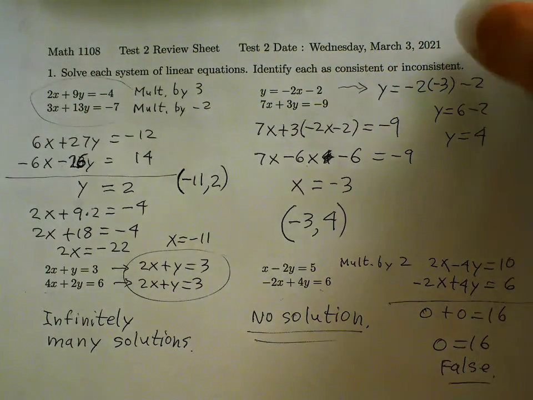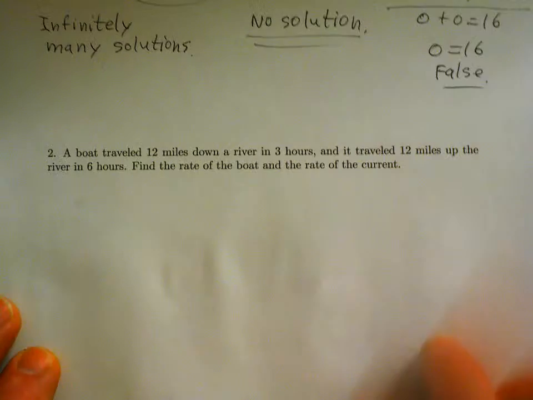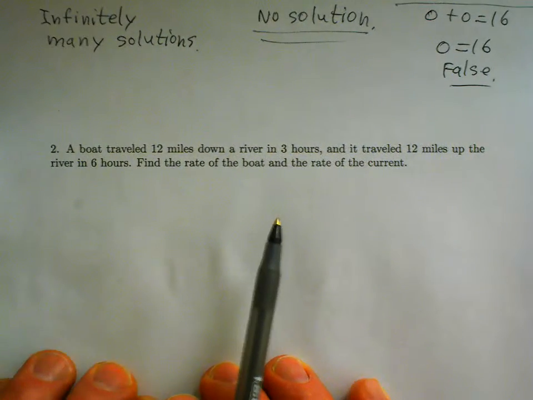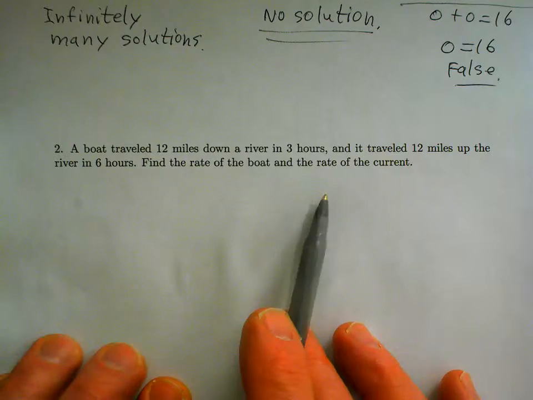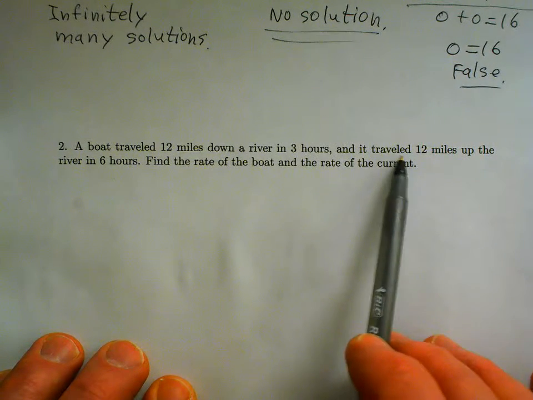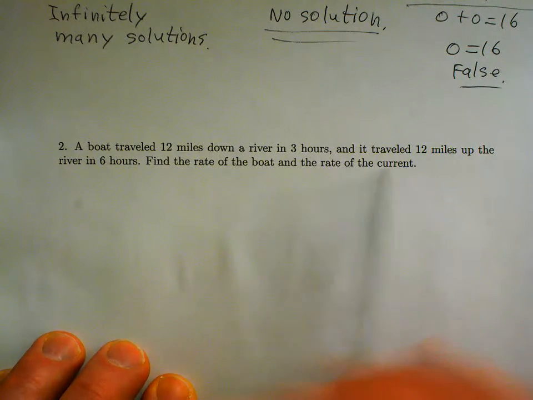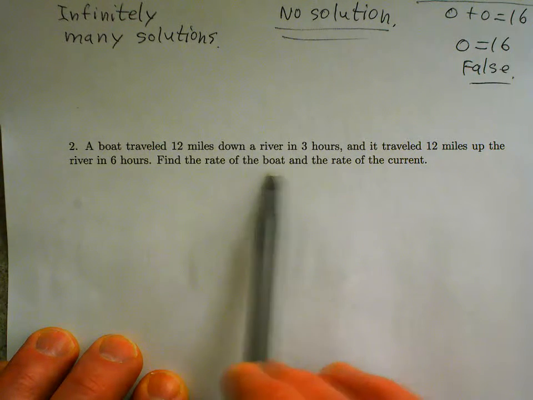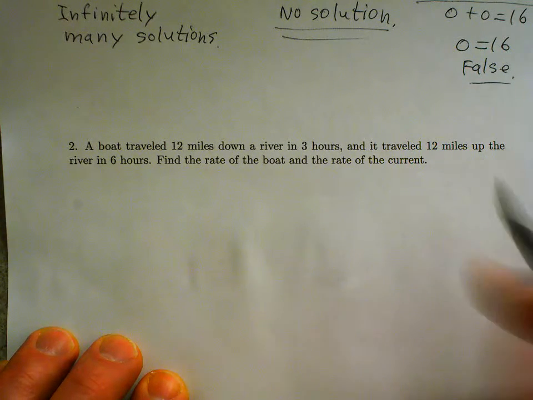Okay, problem 2. This one says a boat traveled 12 miles down a river in 3 hours, and it traveled 12 miles up the river in 6 hours. Find the rate of the boat and the rate of the current.